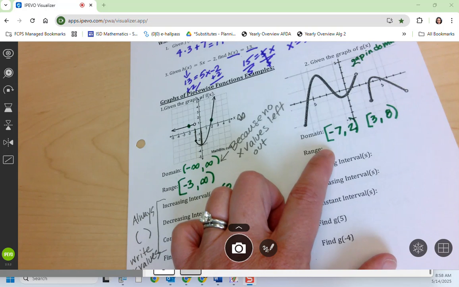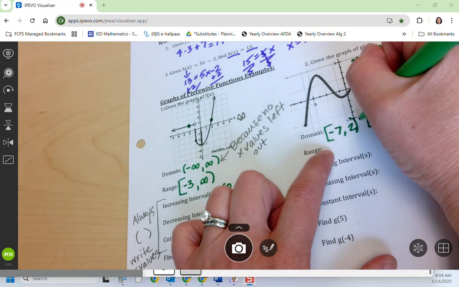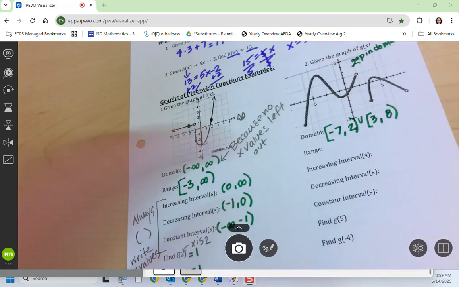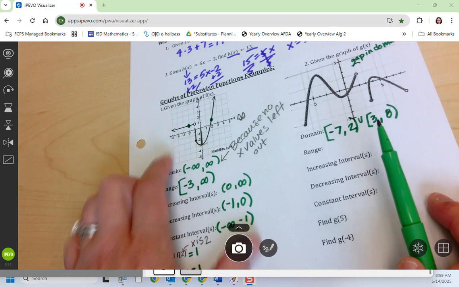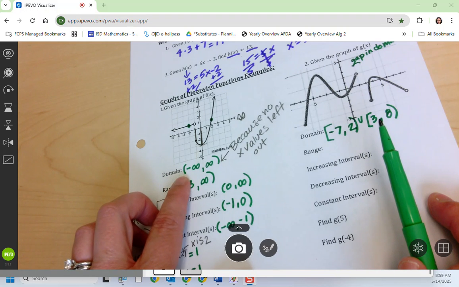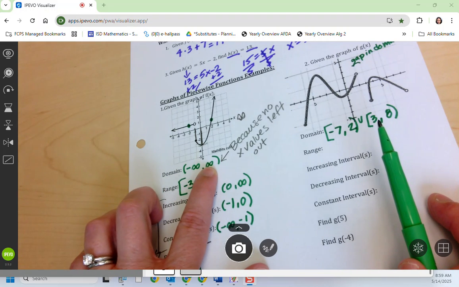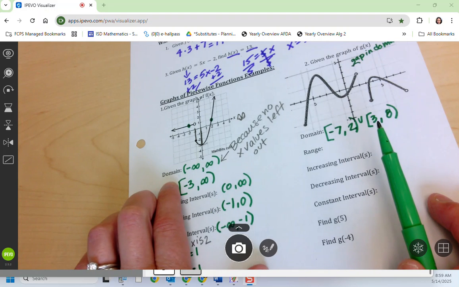For the first one, you said that if the other one had also had -1, then the -1 wouldn't be included. The -1 is included in the first graph, but when we write it this way, negative infinity to infinity, we're already including -1, so you don't have to write it a second time.